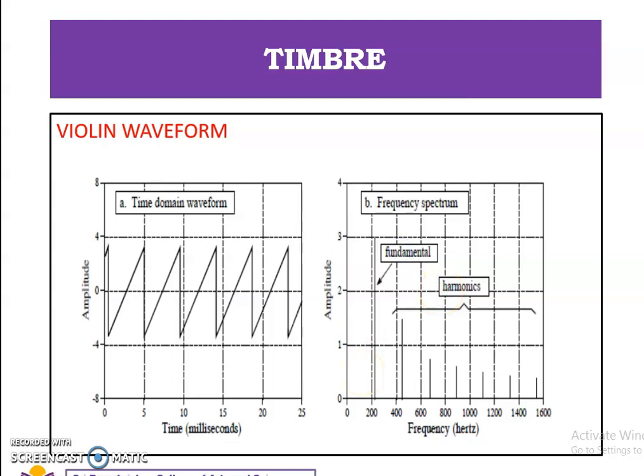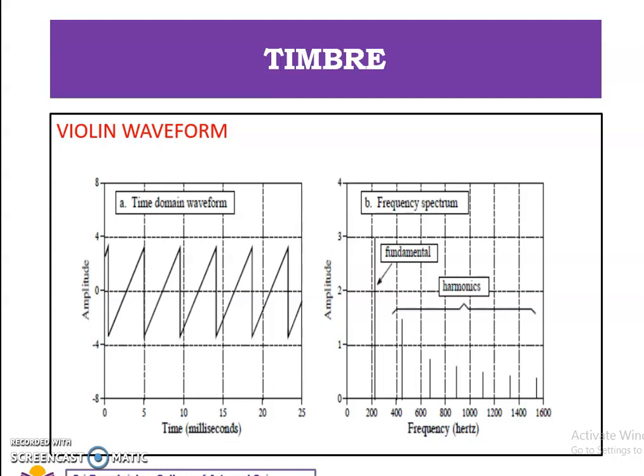Even if the same note is played by a different instrument, you get a different waveform, but humans could not tell the difference in the note. The harmonic content is determined by the shape of the waveform. So timbre is nothing but the changes in the shape of the waveform, but this will not be identified by the ear because the ear is insensitive to the phase.